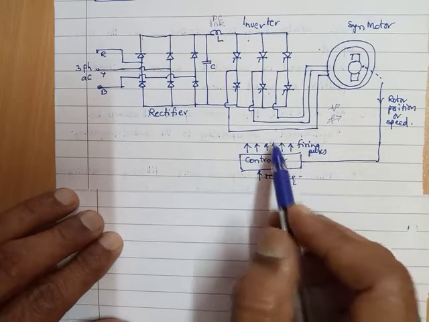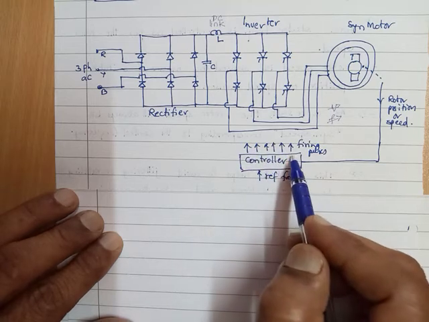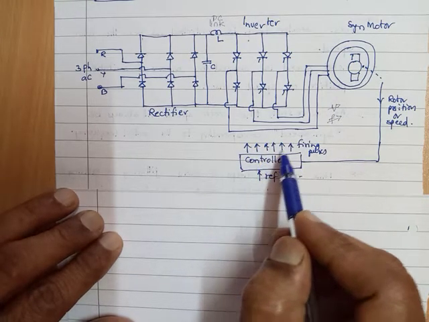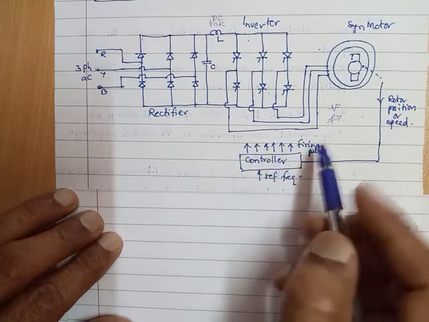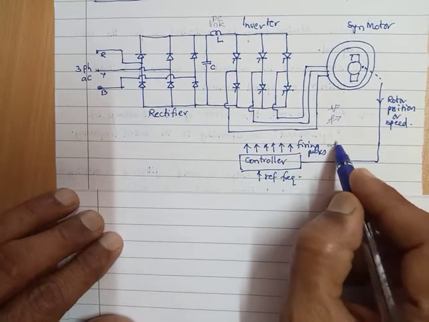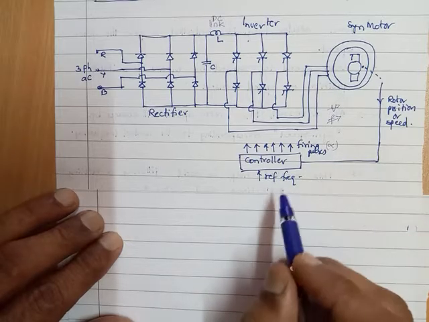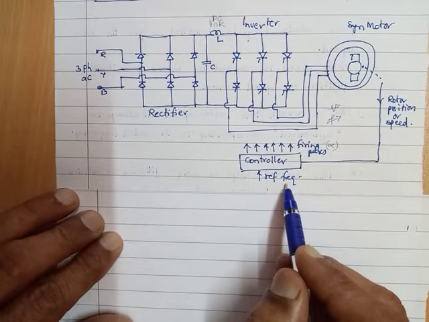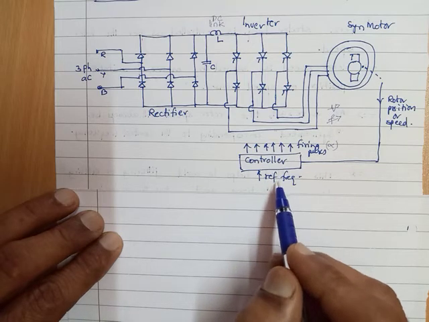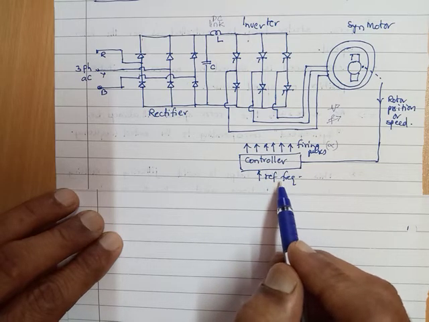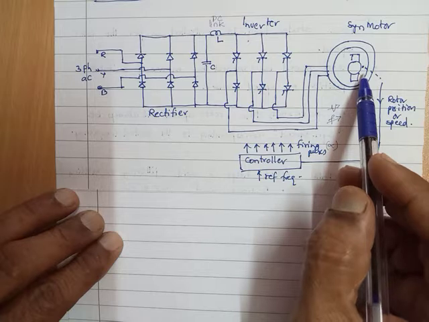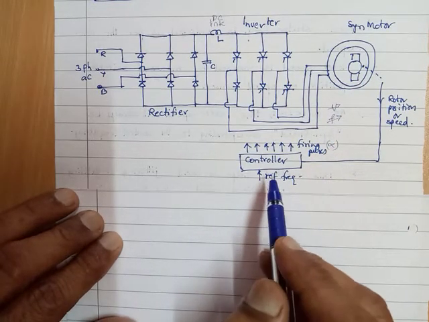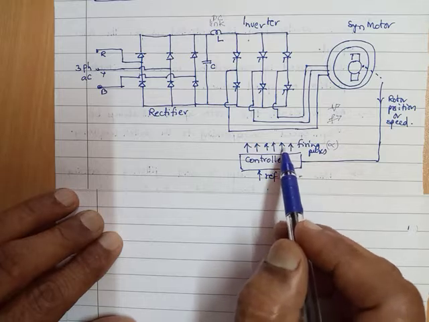The firing pulses, 6 SCRs, 6 pulses. It will judiciously decide the value of alpha, the firing angle, and for that it uses a reference frequency. The reference frequency will tell me ultimately to what frequency I should come and keep the synchronous motor operating at that frequency continuously. Now, the controller will decide the firing pulses.